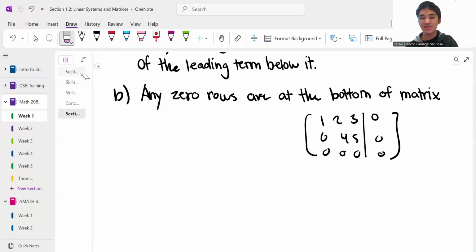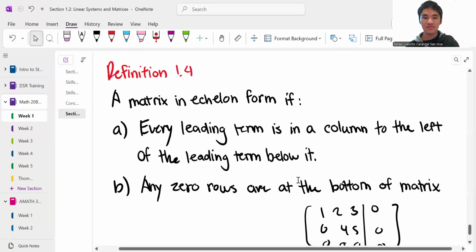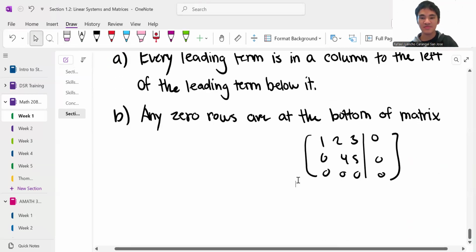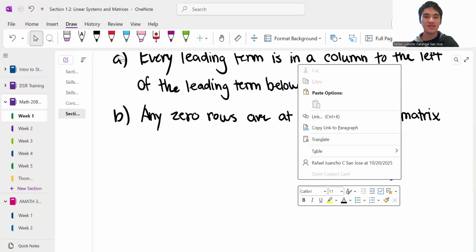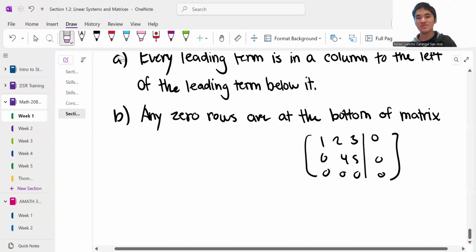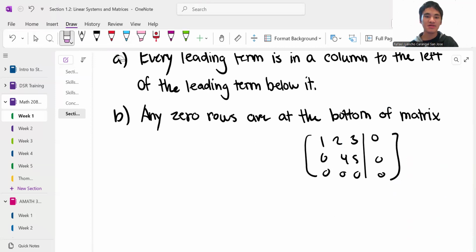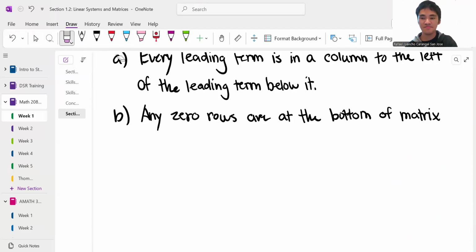And so we know this is a matrix in echelon form. It satisfies the first property, where every leading term is in a column to the left of the leading term below it, and it also satisfies the other property, that any 0 rows are at the bottom of the matrix.